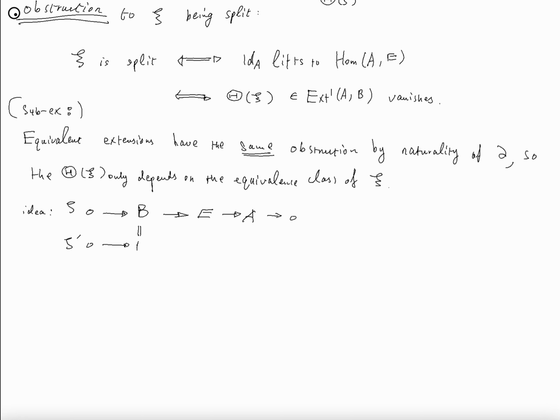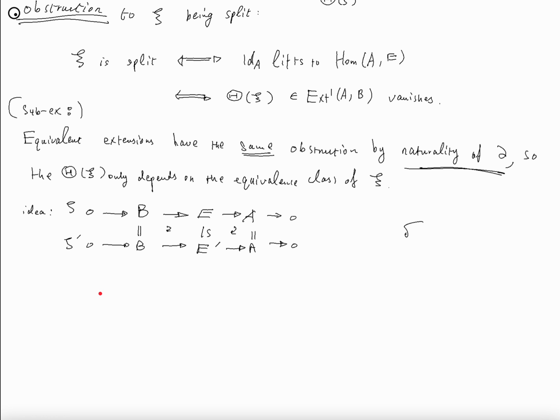Suppose they're equivalent, by definition, this is what it means. But then by the definition of delta functor, this partial satisfies the condition and translates the long exact sequence, still making the commutative diagram commutative.